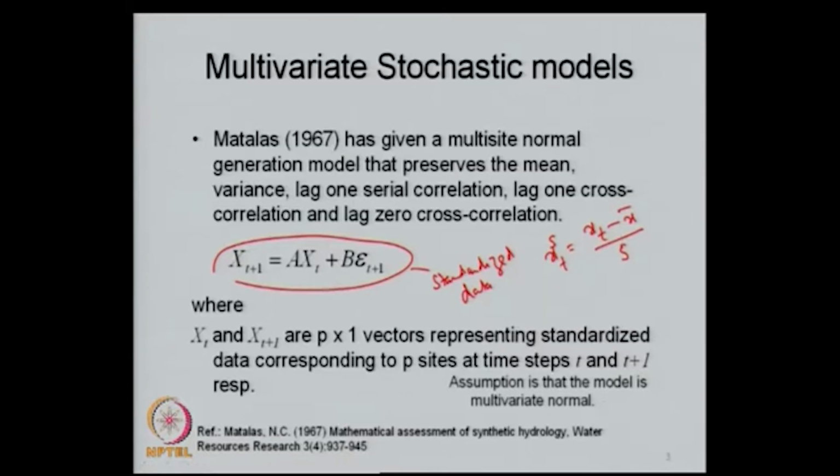So, you must keep in mind that these multivariate stochastic models that I am discussing here, especially the MATLAS model in this particular form, must be used essentially for long time interval processes, such as the seasonal flows, the annual flows and so on.